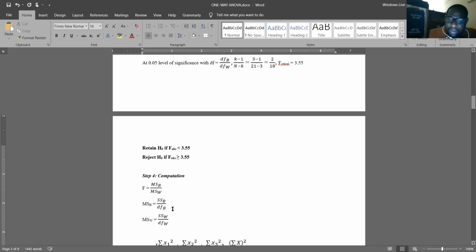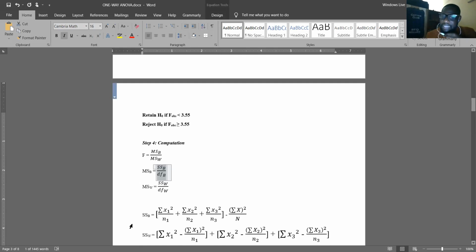So it means for us to solve mean square for between, we are tasked to find sum of squares for between. And the formula for sum of squares for between is this. That's the formula. And please don't be intimidated by these formulas.